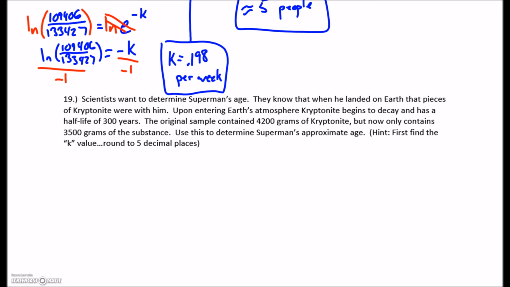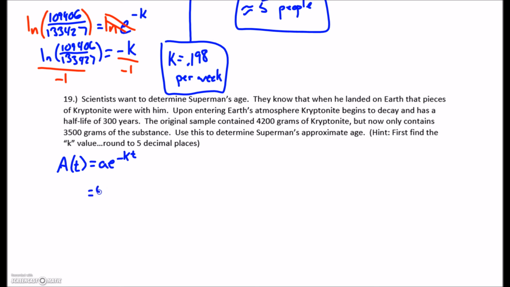The first thing I need to do is convert half-life into a k value. Keep in mind, this is continuous decay, so we're using this model. They're both describing the same thing, but I need the k value to work the equation.